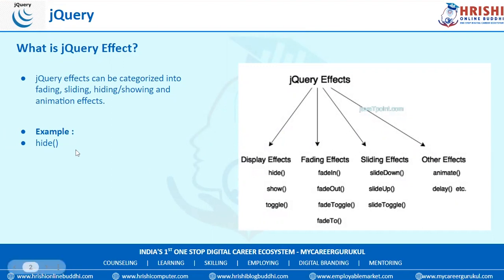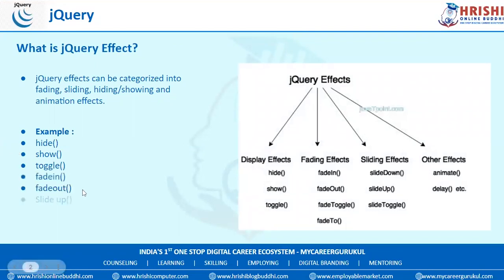If I want some particular image to fade out, we can use fade out, or we can create a button through which we can fade in and fade out the same image. So all these effects come under jQuery effects. Some examples are hide, show, and toggle effect, which helps us do both effects inside one particular button.